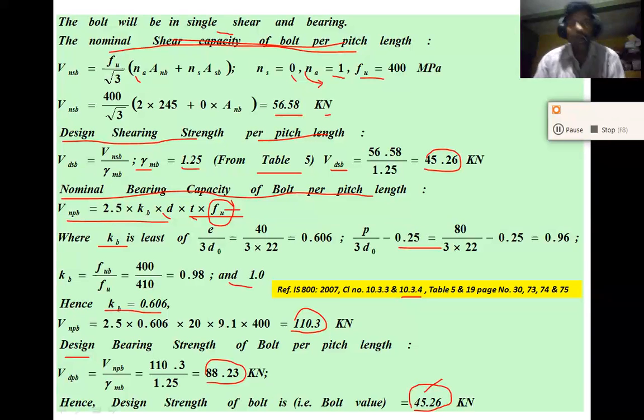So it fails in shear first, that's why the shearing strength is considered as the design strength of the bolt. Between bearing and shearing, the bolt fails in shear first, then bearing failure. So which one is the design strength? The shearing strength, because the shearing strength is less than bearing.